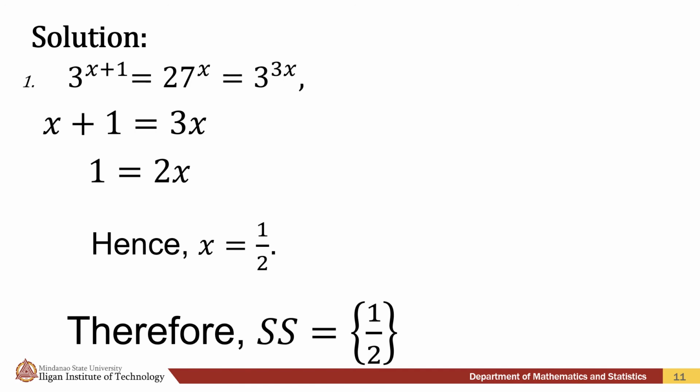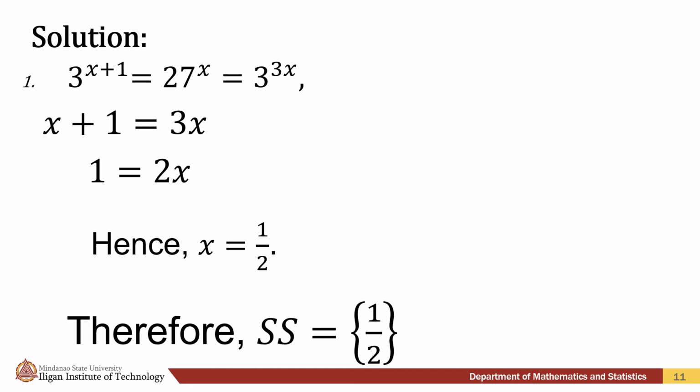Let's solve for the following equation. 3 to the x plus 1 equals 27 to the x. But 27 can be rewritten as 3 to the third power. So that 27 to the x is equal to 3 to the 3x. The exponent x plus 1 therefore is equal to the exponent 3x.